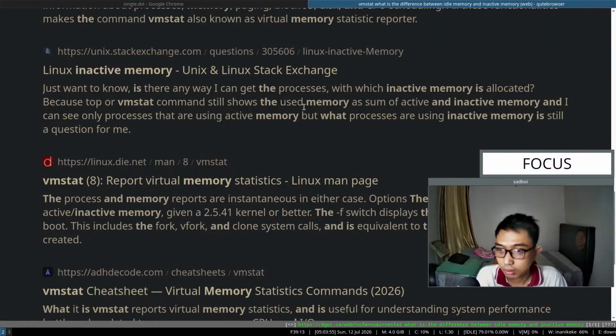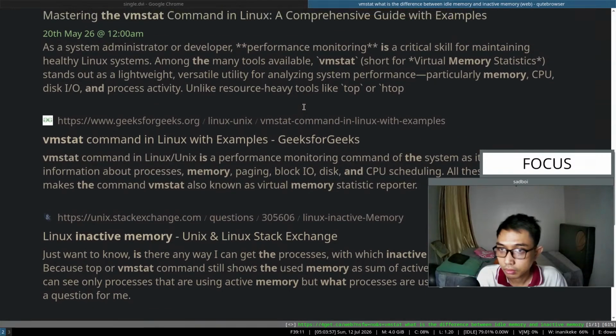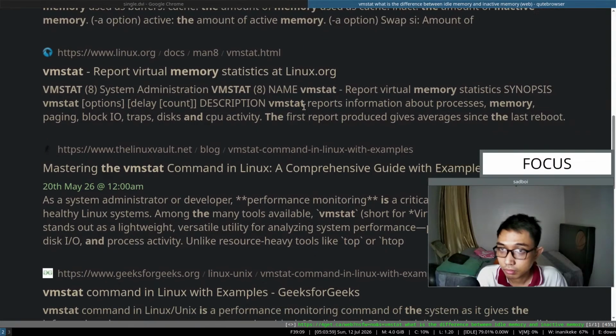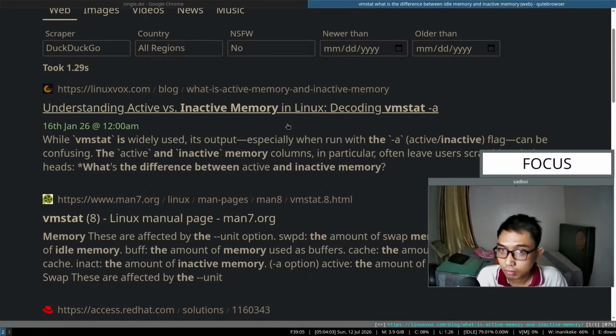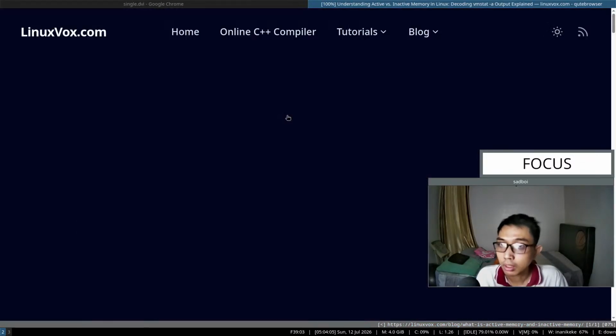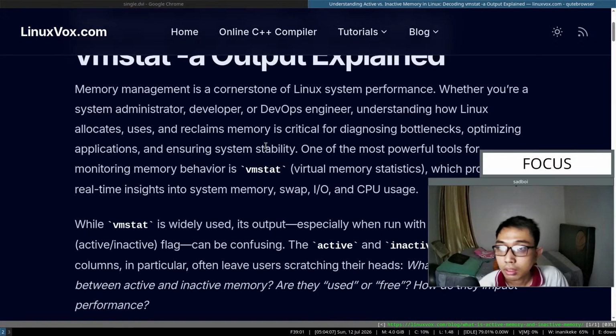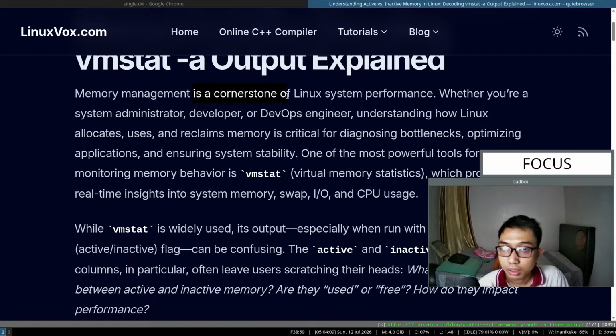Maybe not this one. Let's check this out. Memory management is a cornerstone. Okay. Whether you're a system administrator, that makes me wonder too.